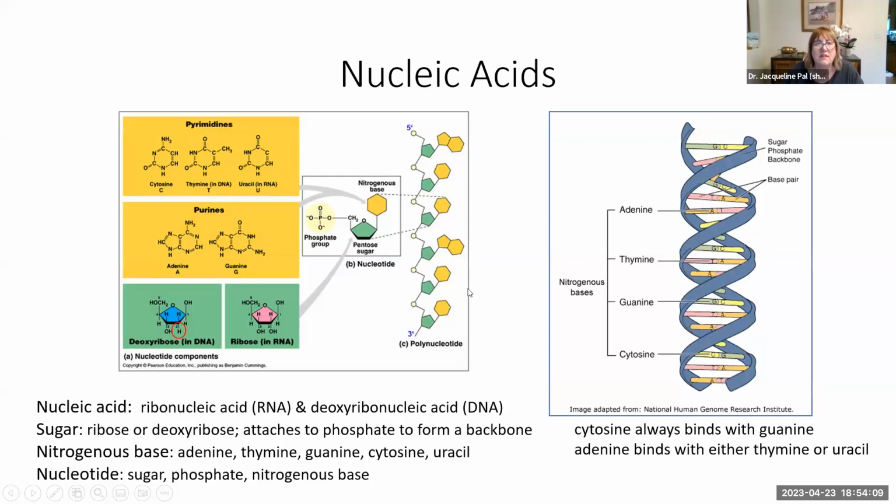So when we put them together, cytosine, which is a single ring, always binds with guanine, which is a double ring, which means we're going to have three rings going across here. And adenine, which is a double ring, in DNA will bind with thymine, which is a single ring, giving us three rings again. But in RNA, there is no thymine.